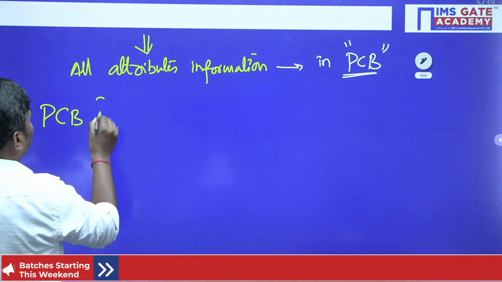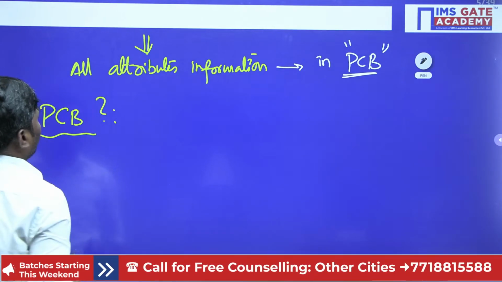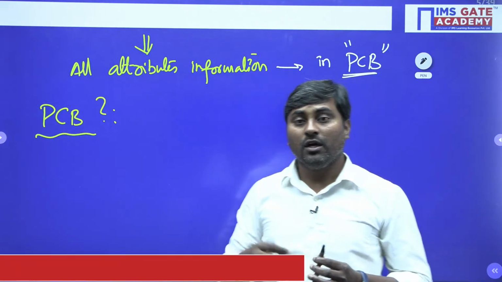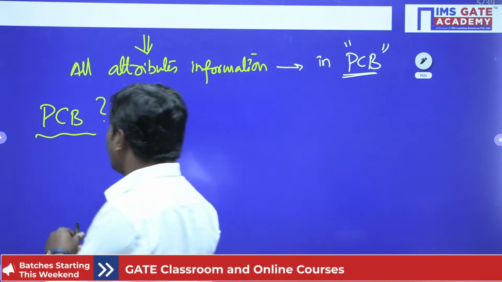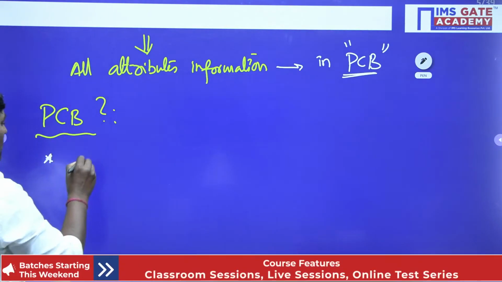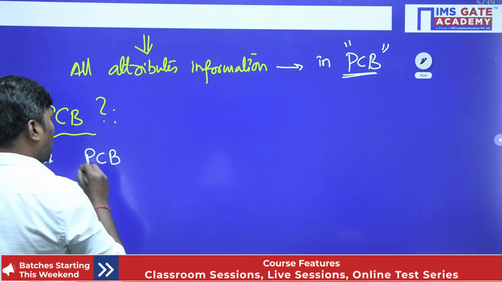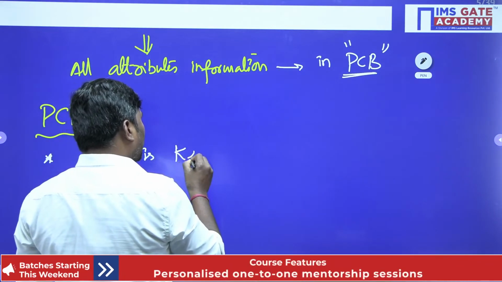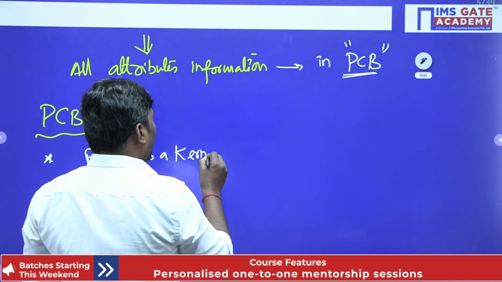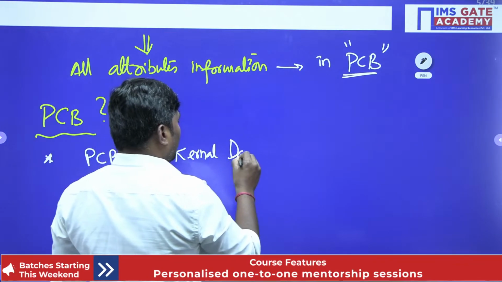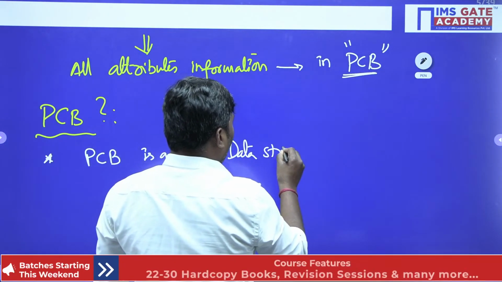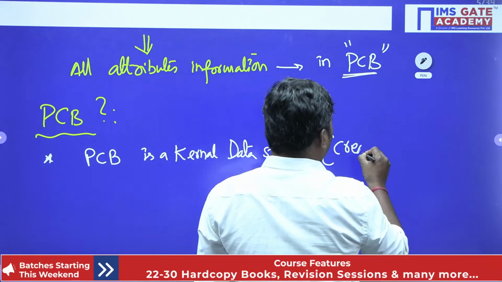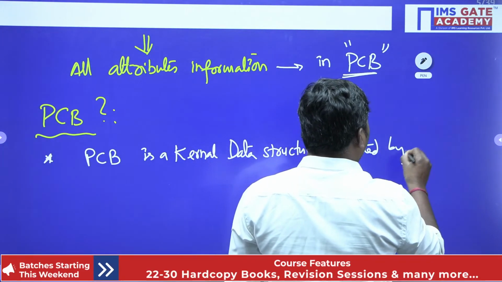Now the question comes: what is the PCB? PCB stands for process control block, but tell me what it is. A few points I can write. The PCB is a data structure. Which data structure? PCB is a kernel data structure. Kernel data structure means created by whom? It is created by the operating system.